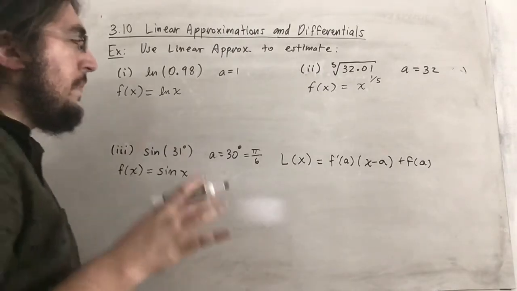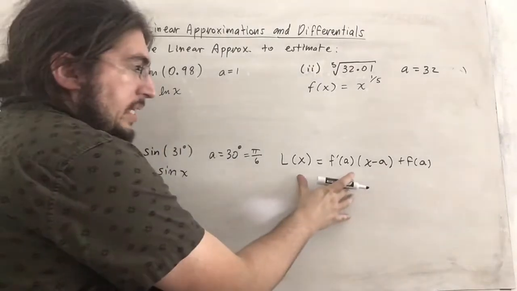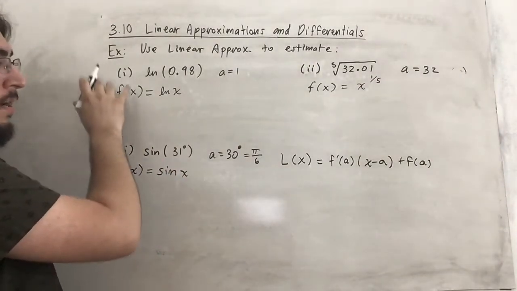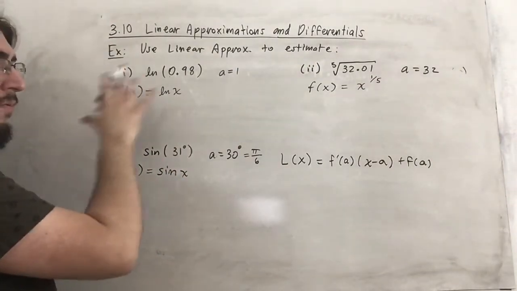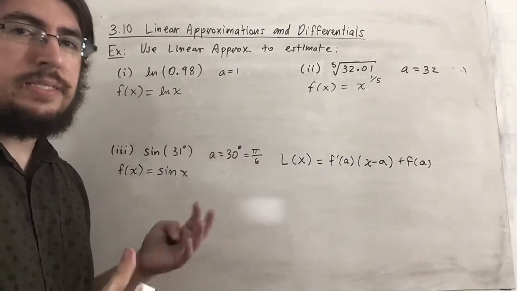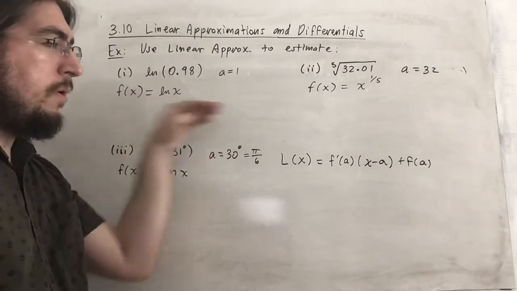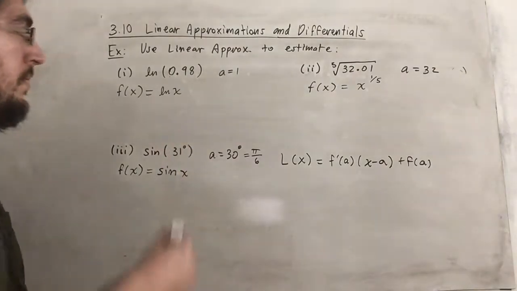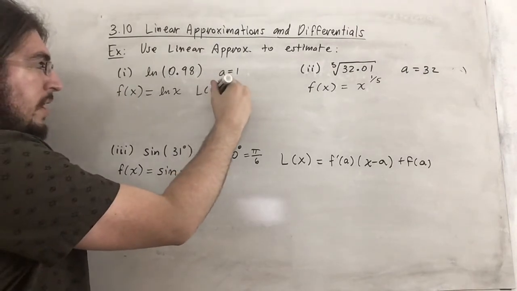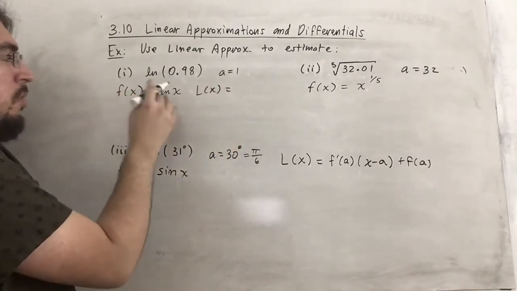Okay, so with that being said, now I'm going to develop this for each of these three, one at a time. At this point, I'm not going to do them simultaneously anymore. I just wanted to establish that idea simultaneously. So now I'm going to, one by one, finish off each problem. So L of x, in this case, is, let's see if we can write it over here nicely. We need f prime of x.